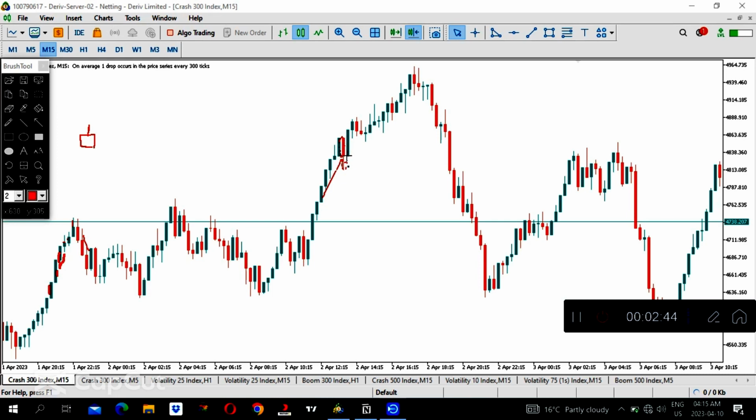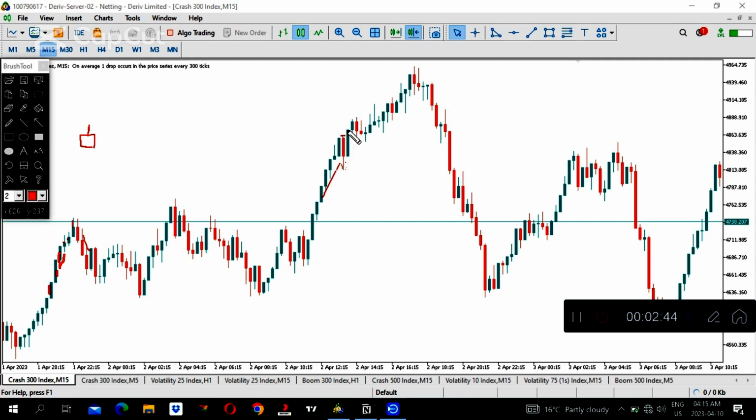Check the next candle, if you are a little familiar with candlesticks. That's what we call the engulfing candlestick, because it totally engulfs the previous red candle. The top is completely engulfed, and the bottom starts from below and goes upward.